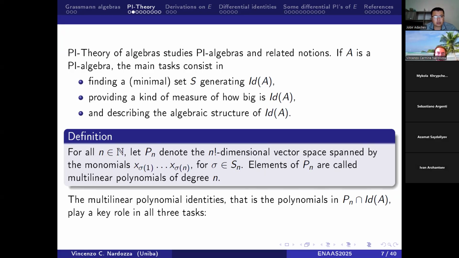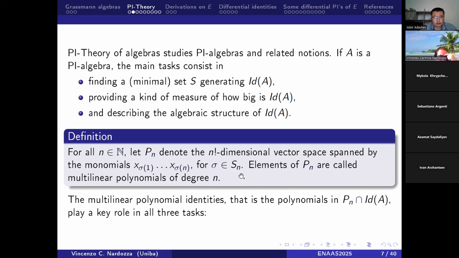Multilinear polynomials, I recall, are simply elements of the n factorial dimensional vector space spanned by all the monomials in the algebra F of x of degree n involving just the indeterminates x1 to xn, but in any possible order.